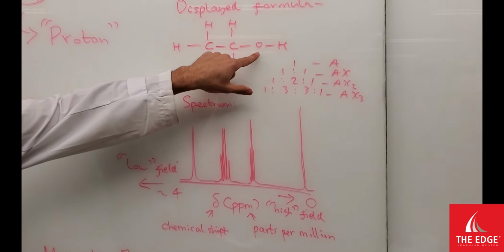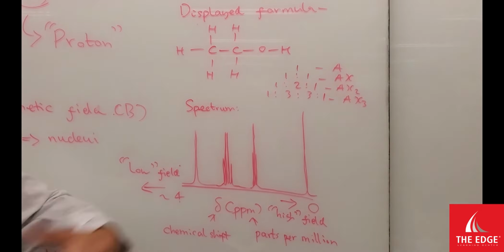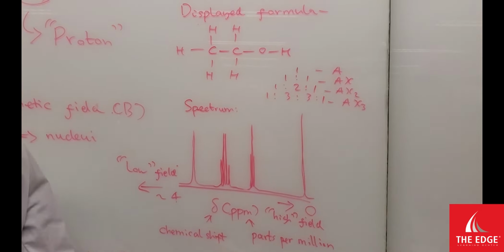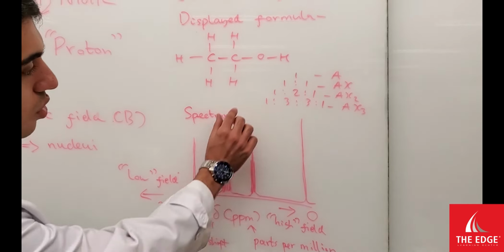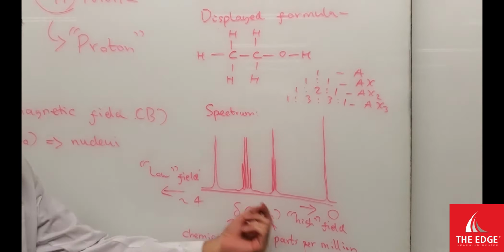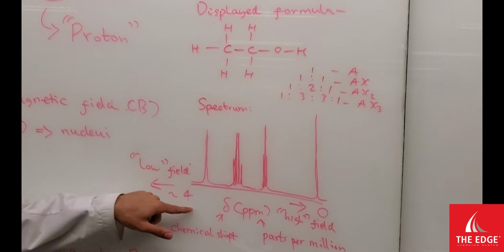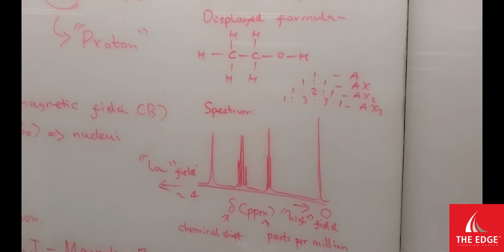Oxygen is an electron withdrawing atom, so it de-shields the proton and exposes it to a greater amount of the external magnetic field. That's why the protons closest to this oxygen atom will appear to the left, low field. They're de-shielded, okay, and they'll appear at a higher chemical shift. So that's just a brief intro to proton NMR.